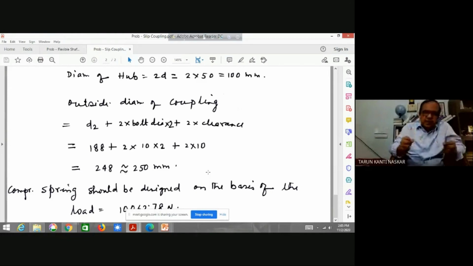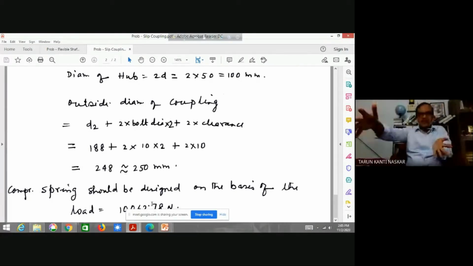Spring is very important, and the load on the spring is 1006.78 Newton. That you have already found out. So due to this load, you have to find out the compression spring. That design is a large design, so it is not incorporated in your class.